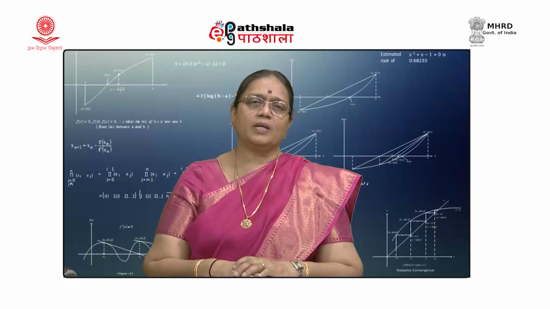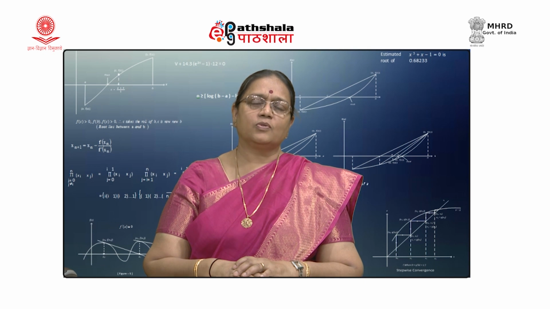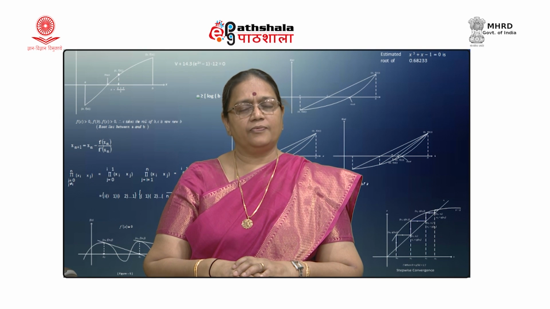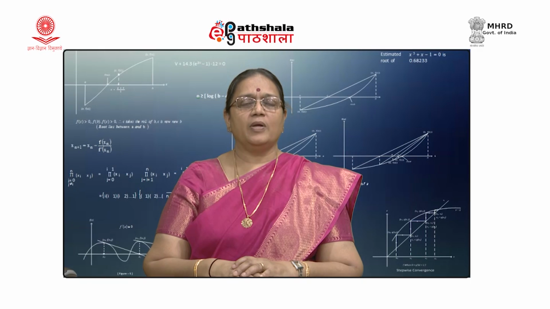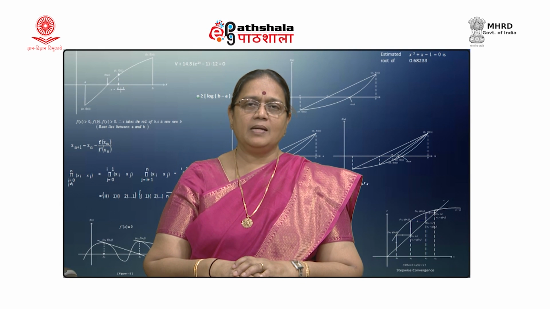In the case of L 0 x, the numerator is x minus x 1 into x minus x 2 up to x minus x n, and we put x equal to x 0, so x 0 minus x 1 into x 0 minus x 2 up to x 0 minus x n is the denominator of L 0 x. These Lagrange's coefficients we have already learned in the chapter on interpolation. So, f x is given by p n x plus E x, where p n x is sigma L i x into f x i, plus the error term.